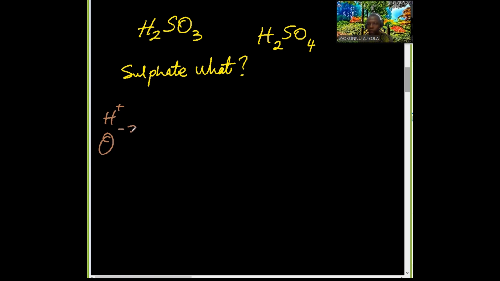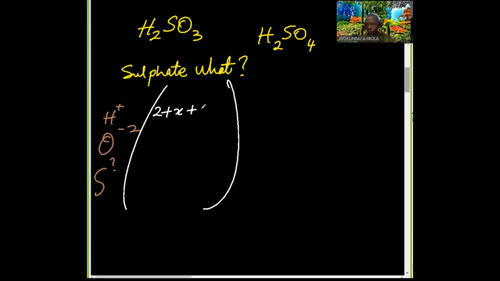Oxygen is negative 2 in both cases. Then sulfur is what we are looking for in both cases. It's not that sulfur does not have its own oxidation state, but the oxidation state will not be stable, based on the valency of sulfur. Now we can consider the first one and say how many hydrogen? 2. That is positive 2 plus the sulfur plus the negative 6. Is that clear?